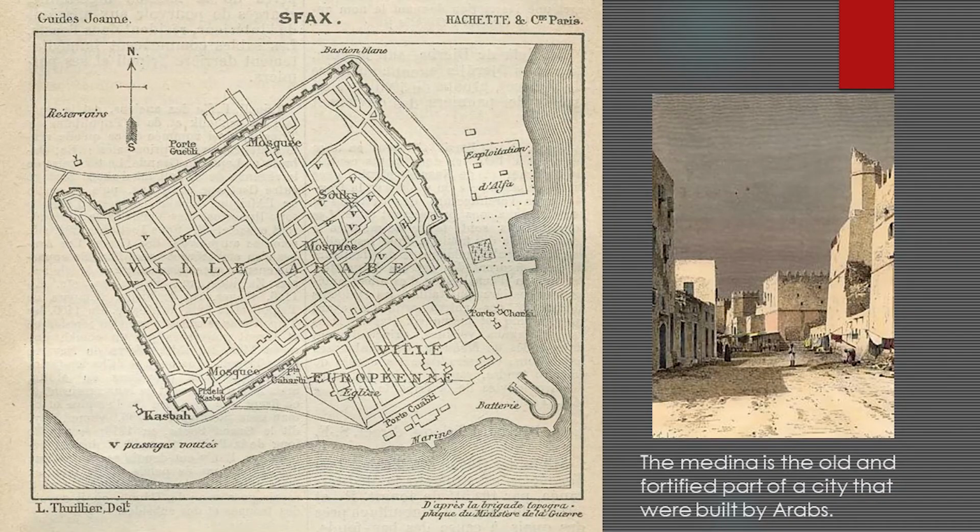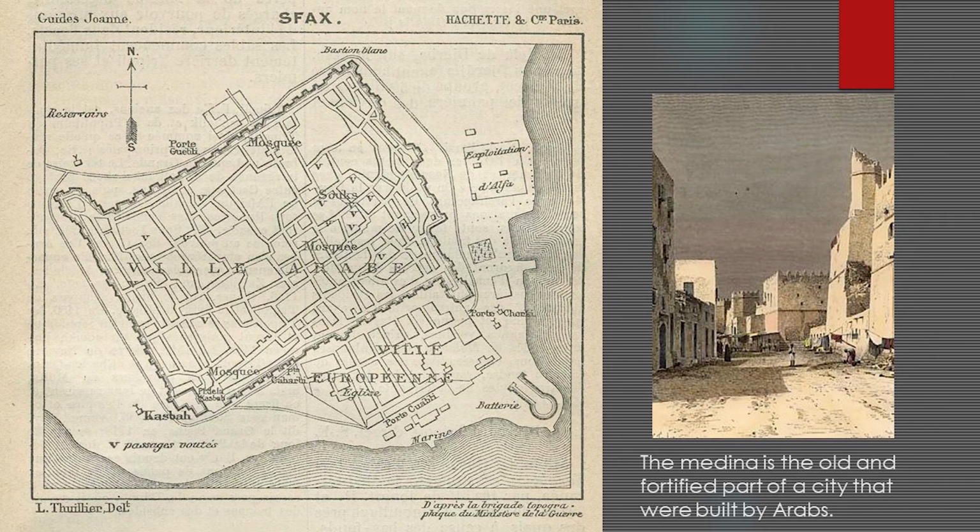Now, in terms of the more local culture, you referred to the Medina, the old and fortified part of a city that were built by Arabs. So all the modern bigger cities still have these old Medinas in which the buildings almost seem a little scattered. The geometry is not really all that clear. The pathways almost look like a labyrinth.